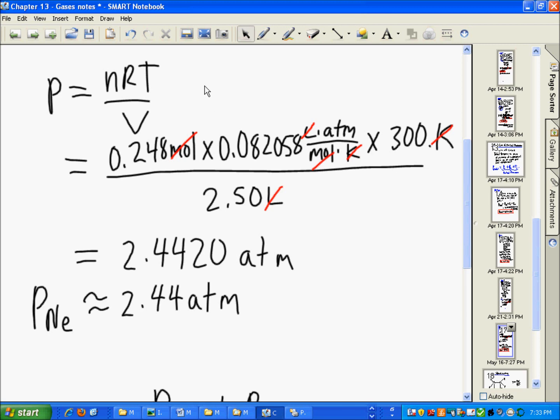Instead of having to do a separate partial pressure of helium and a separate partial pressure of neon, once we had the total number of moles, we could have calculated the total pressure in one nRT over V. And that would have worked out to give us the same number. But it does require a little lateral thinking, a little bit beyond.